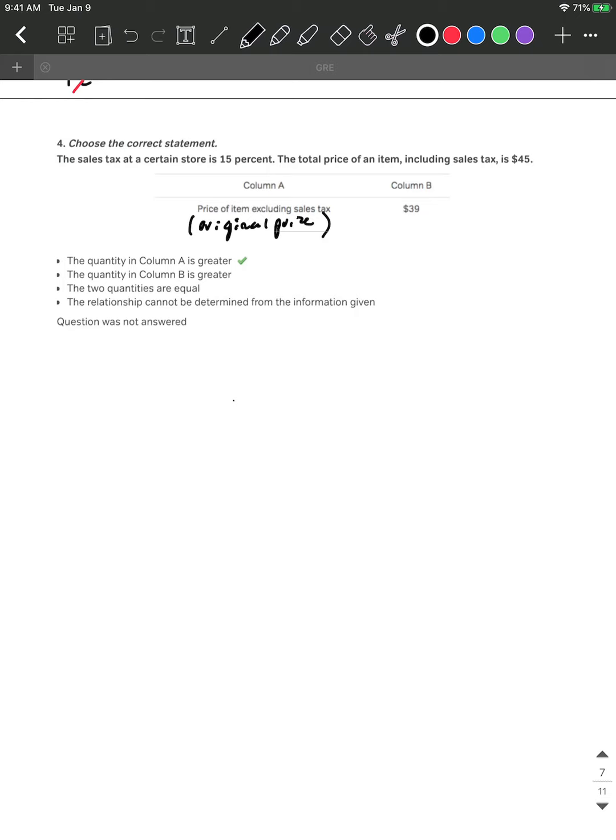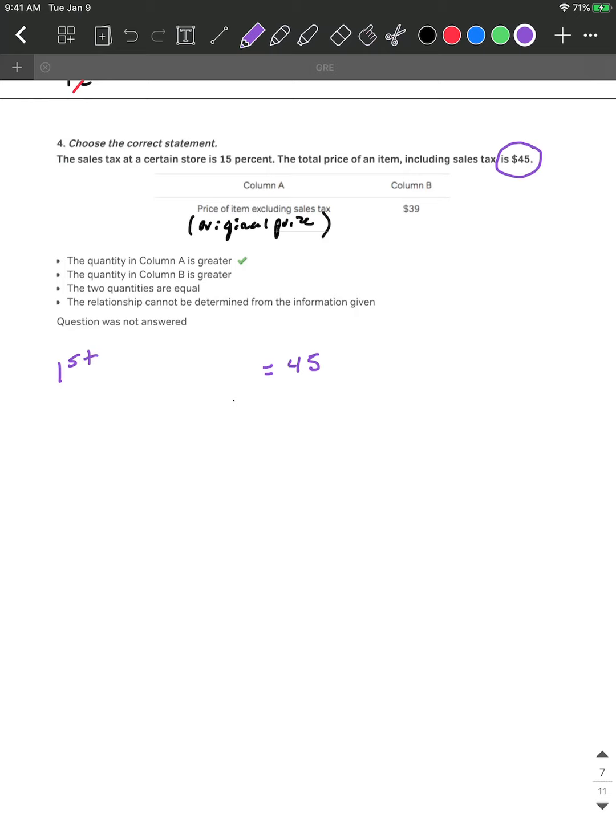When we want to work this one out, step one is to construct a formula that can give us back $45. For most people, this is a typical scenario when they go to a clothing store or a consumer store in general.